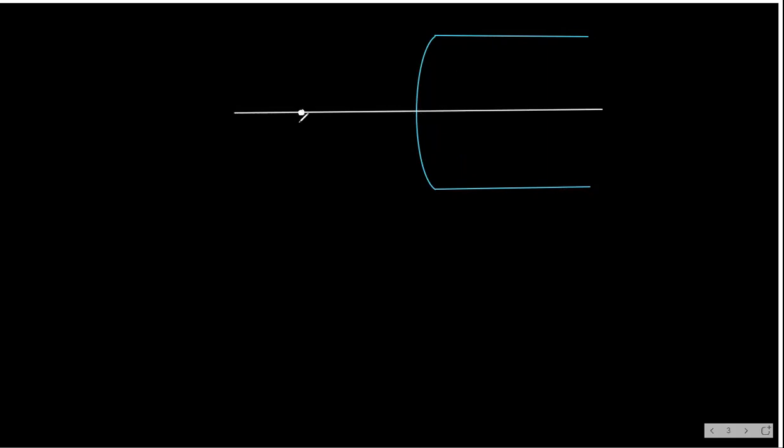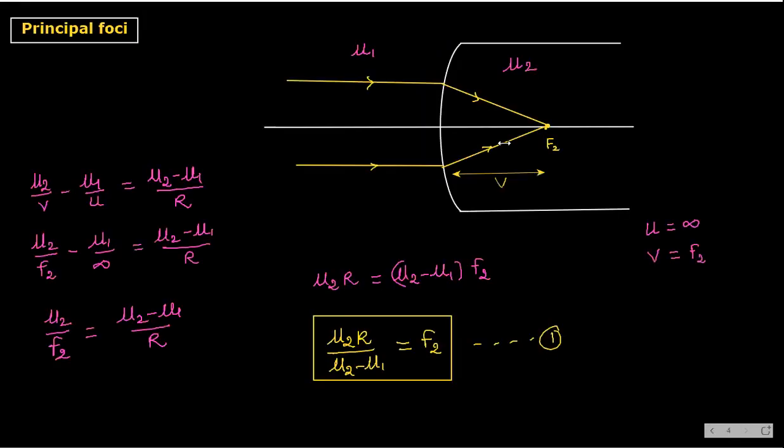This is the object, and this is at F1. Object is at F1. This is O.